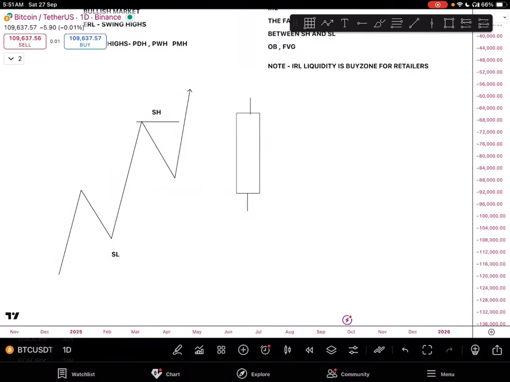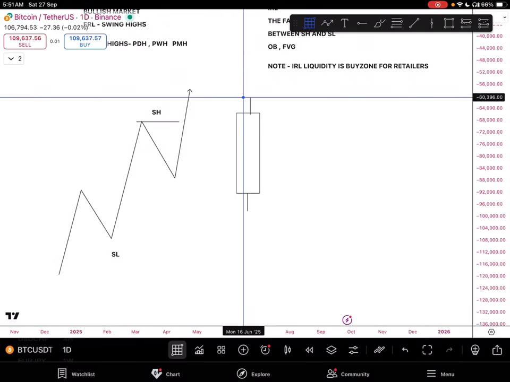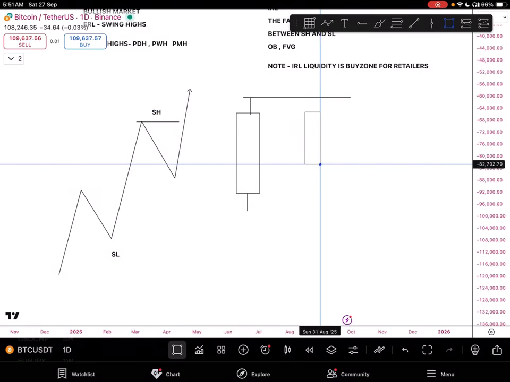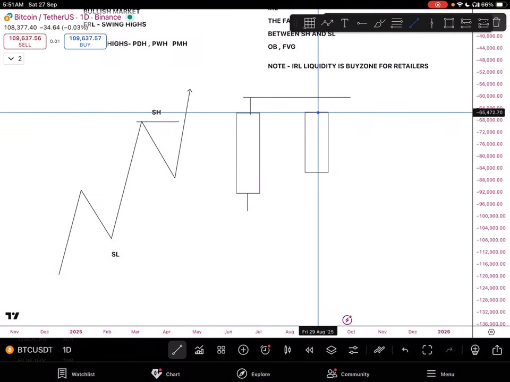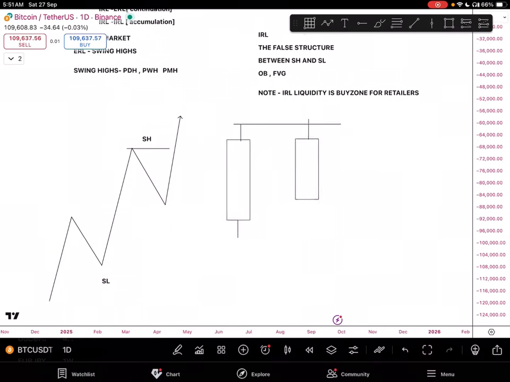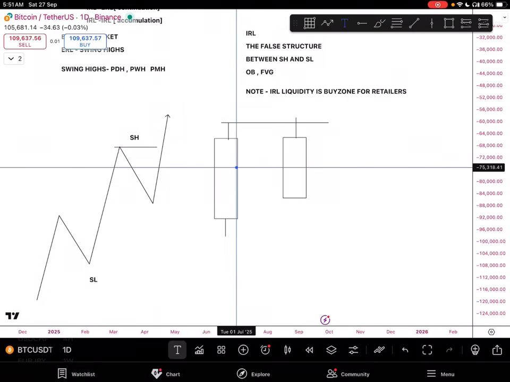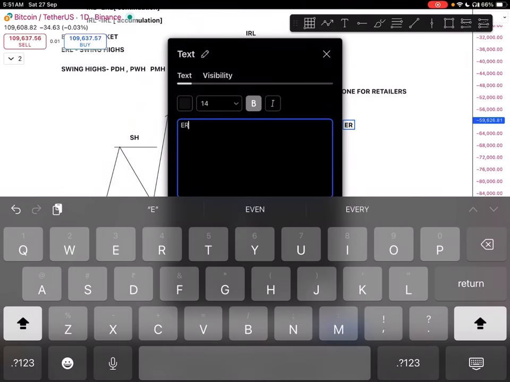When the next candle sweeps this, we call this external range liquidity that has been taken out.